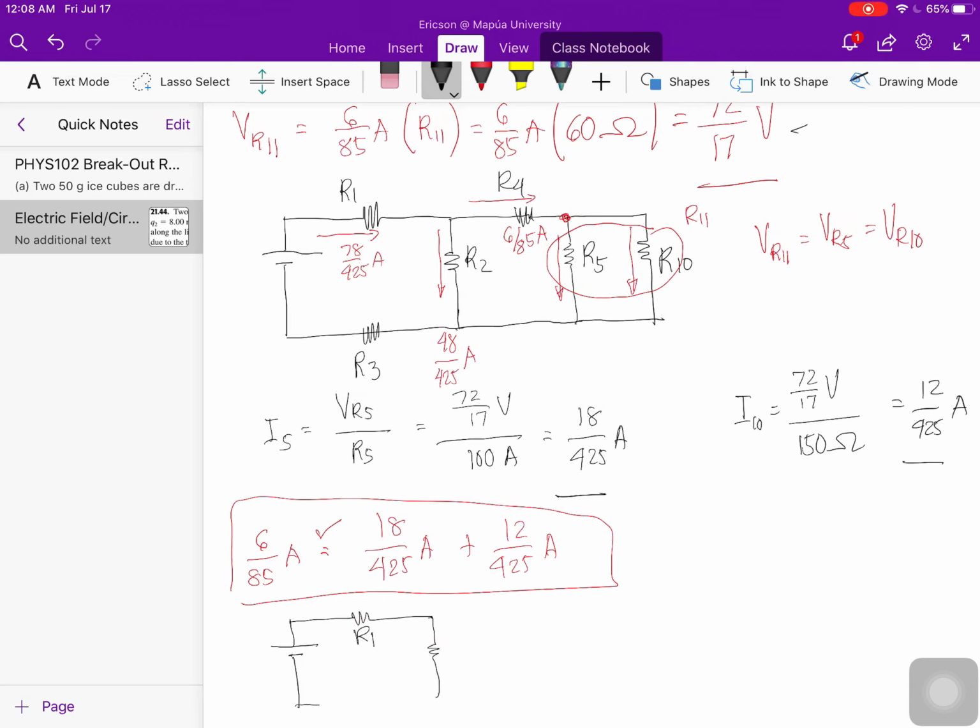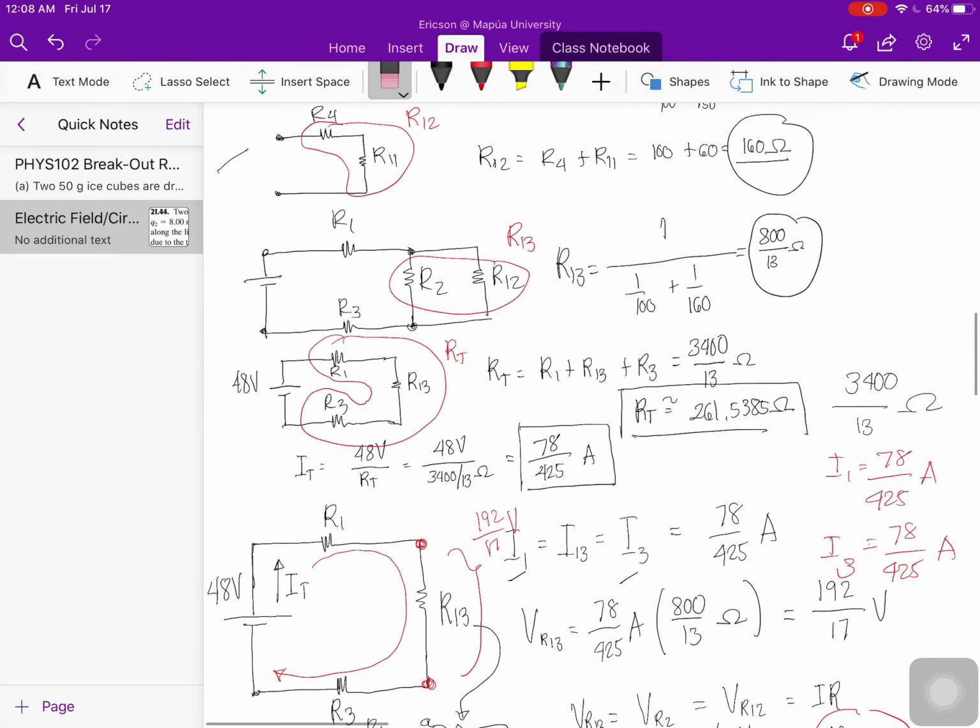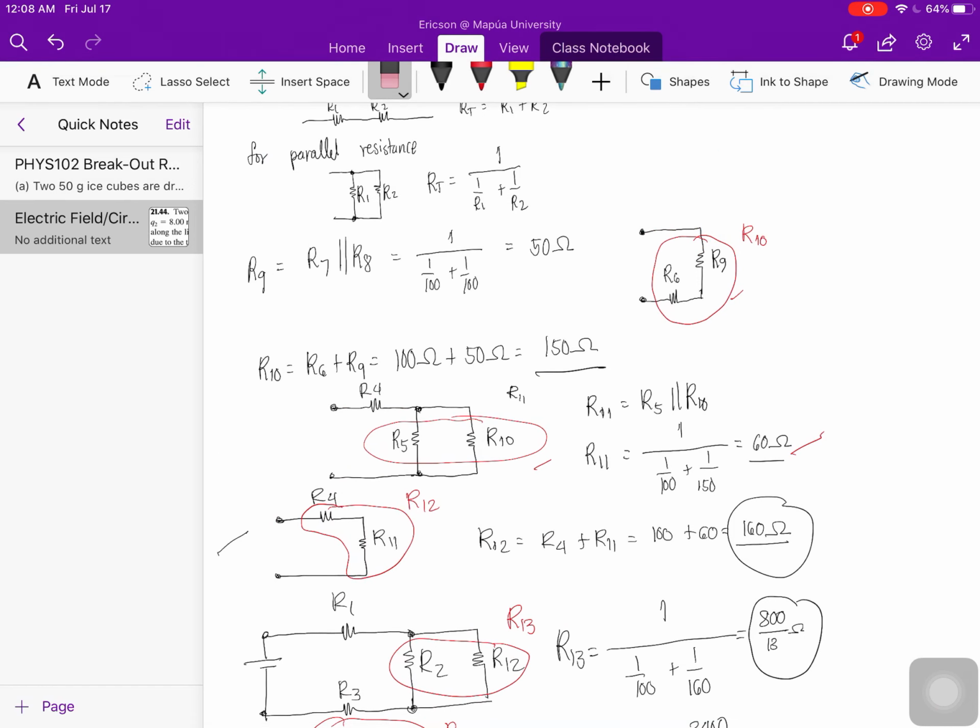R1, R3, R2, R4, R5, okay, R6, and R9. Tama ba? They are in series. R10 is R6 in series with R9. Tama. Ito yun.